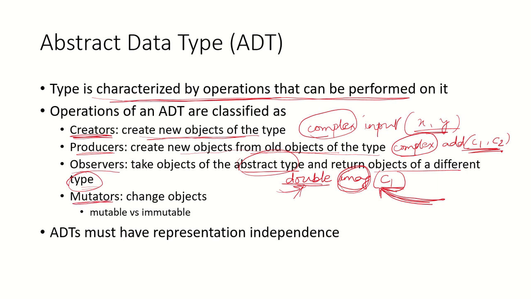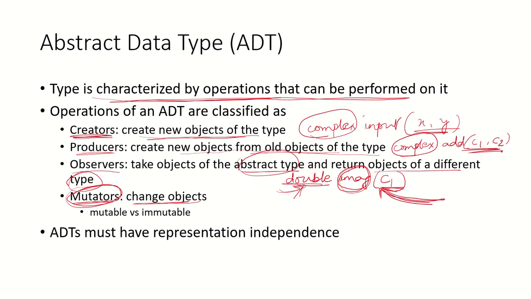And what are mutators? Mutators are operations which change the objects. Suppose I have a linked list or a stack, and I add a new element to it. What is returned will not be the original list or the original stack. So we say that it has mutated. Mutated means it has evolved, changed shape or converted into a new form.